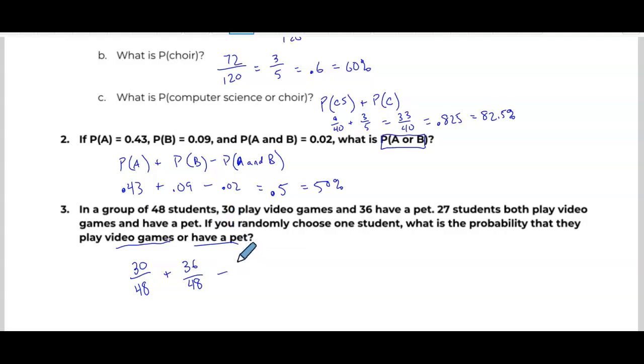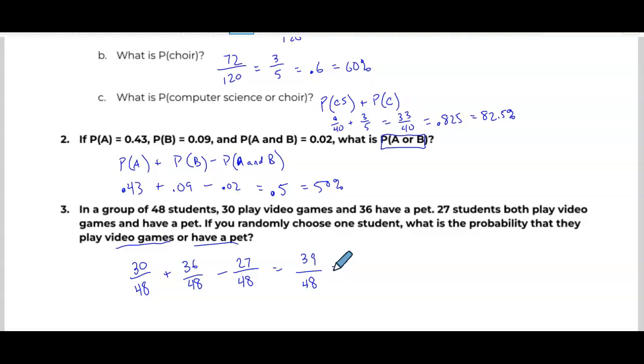So I need to subtract those 27 who have both. Because if I don't, I will have double counted, and you can see this even comes out to more than 100% if I double count. So I need to make sure that I subtract those out. So 30 plus 36 would be 66, minus 27 would give me 39 out of 48 who do one or the other.